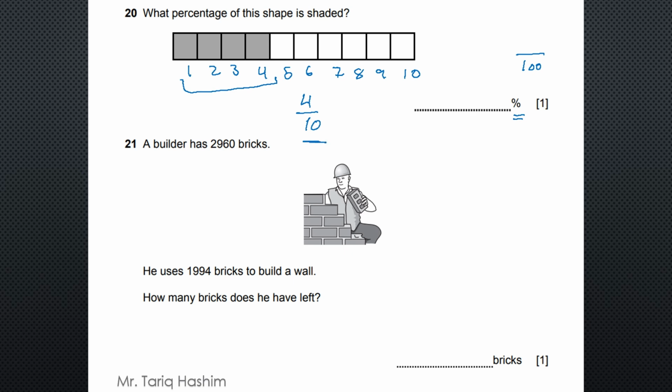To make this fraction like this one, we have to multiply the denominator by 10 so it becomes 100. And if we multiply here by 10, we also have to multiply the numerator by 10, so we keep the same value of the fraction. So this will be 4 times 10, 40, over 10 times 10, 100. Now we have a percentage: it is 40%.